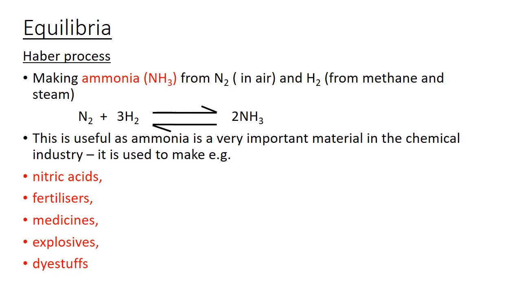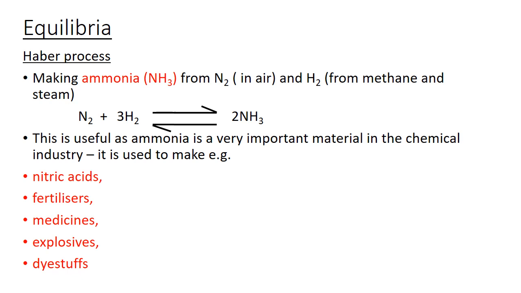So the Haber process is the go-to example when looking at equilibria and looking at industrial processes, because it's a really fascinating equation. It involves a lot of compromise, which we'll look at in a minute, but it was also revolutionary. When it was discovered and demonstrated by Fritz Haber and his team in 1909, it changed things historically.